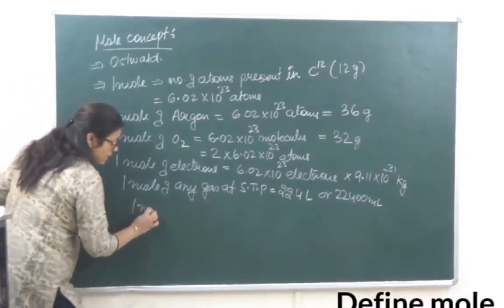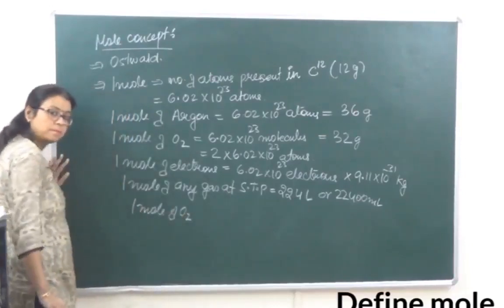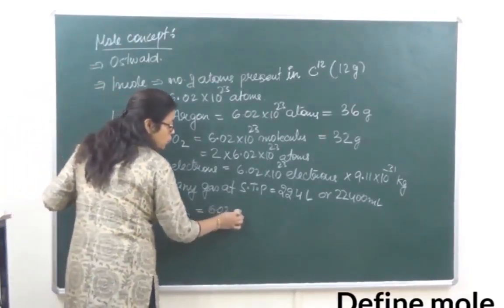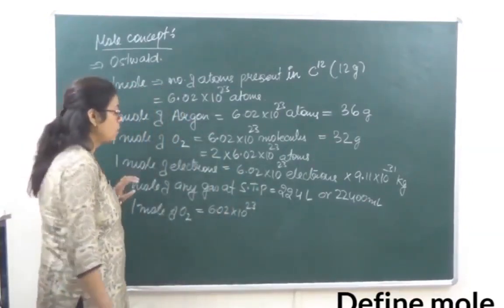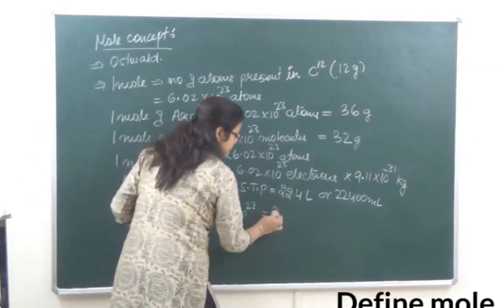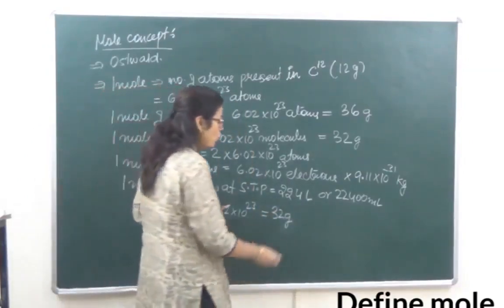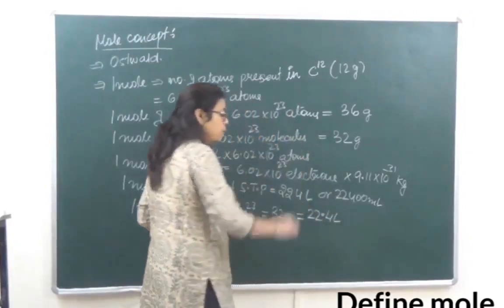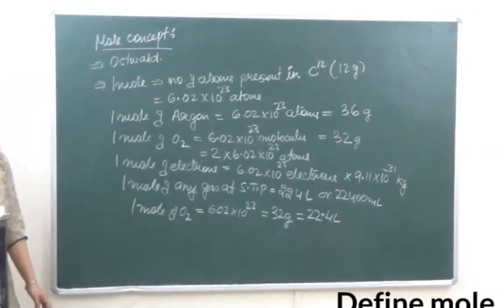So if we have 1 mole of oxygen, it contains 6.02 × 10^23 molecules, which will weigh 32 grams and which will occupy 22.4 liters of volume at STP, right?